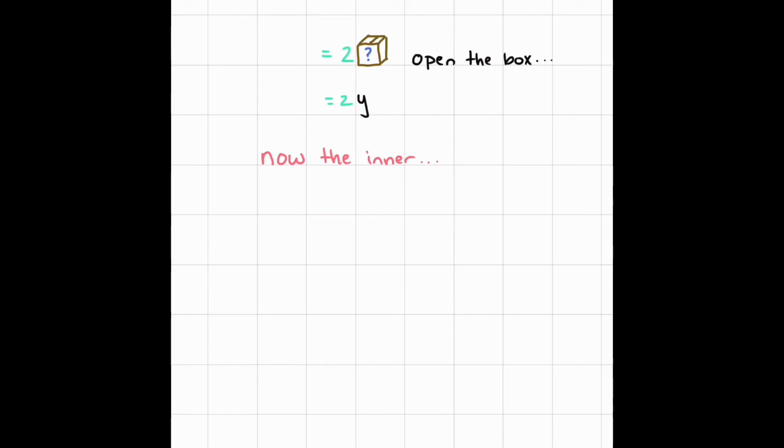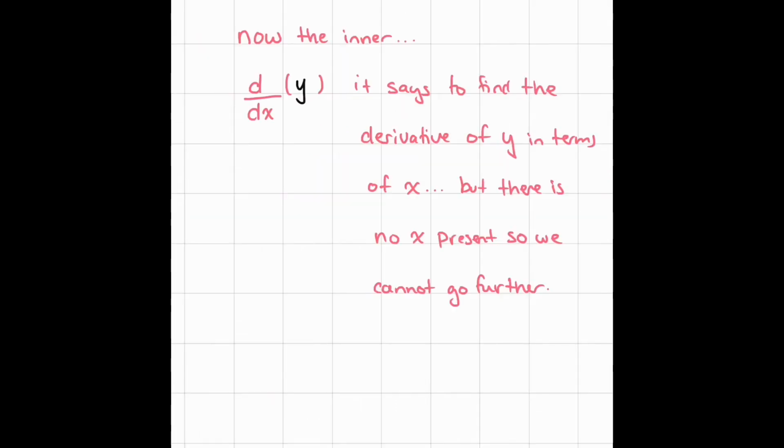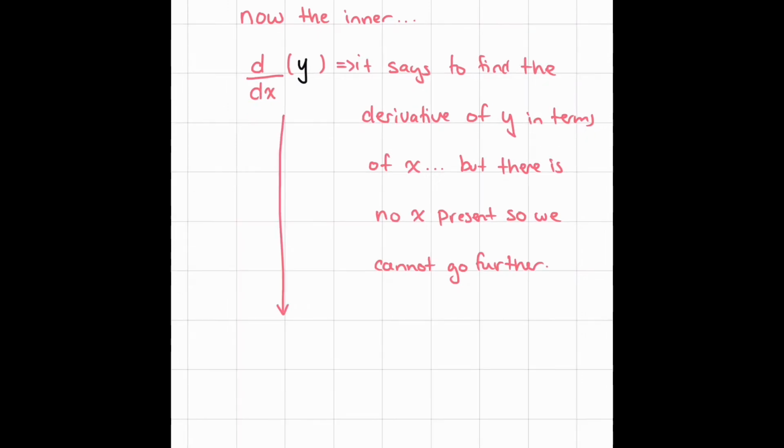So since this is chain rule, we have to multiply 2y by the inner function. And that inner function is y. So what this says is to find the derivative of y in terms of x, but there is no x present, so we can't go any further. So this just gives us dy over dx.